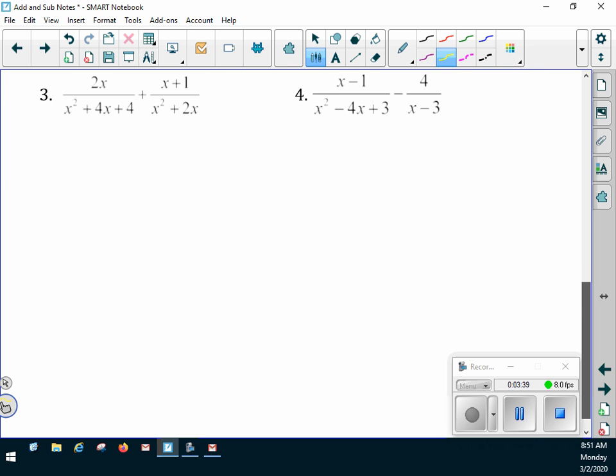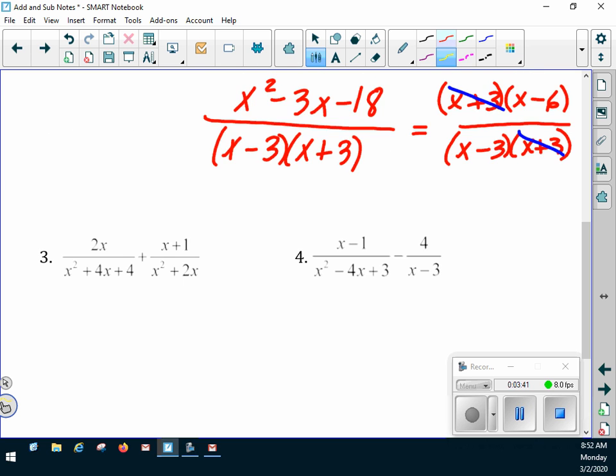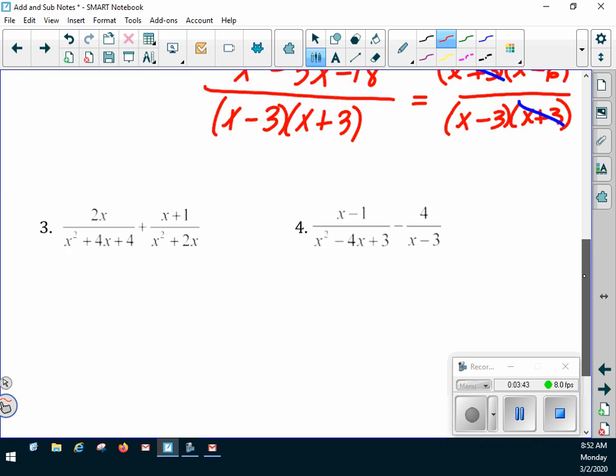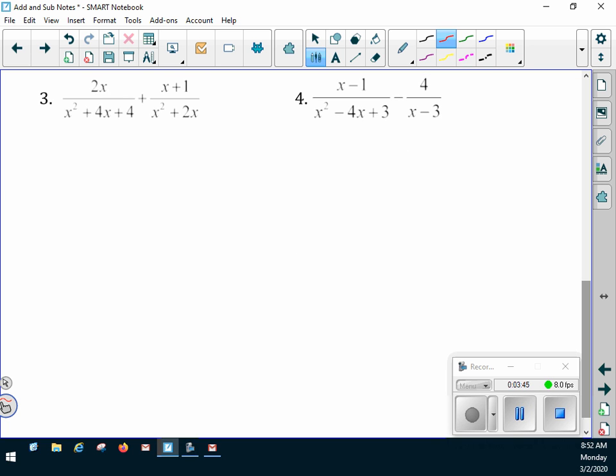Okay, number 3. Here we go. 2x over... Well, that first fraction, that first denominator, factor. How? X plus 2 times x plus 2. Yep.